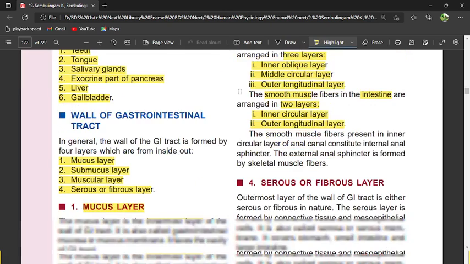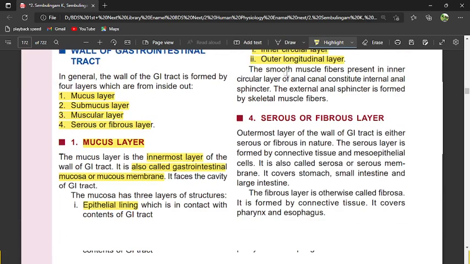Okay, next let us go to the next point. The smooth muscle fibers are present in the inner circular layer of the anal canal. They have an internal anal sphincter also. Smooth muscles are also present in the anal sphincter. The external anal sphincter is under skeletal muscle.